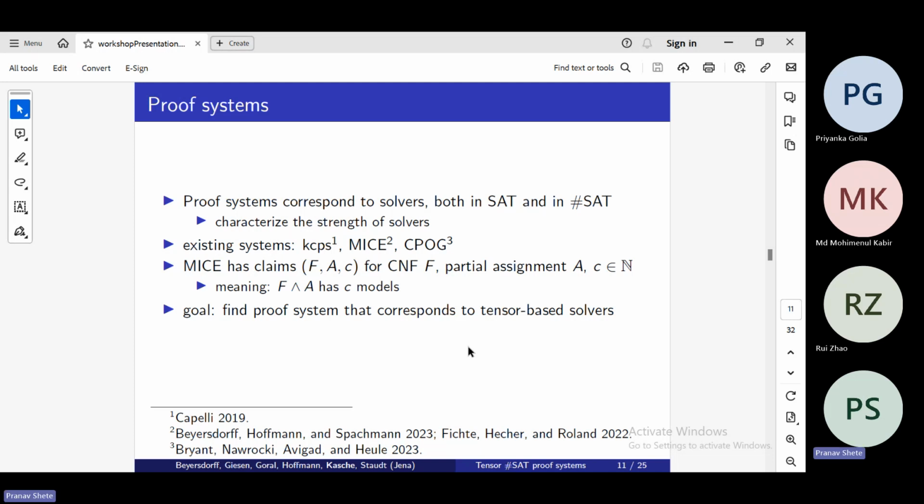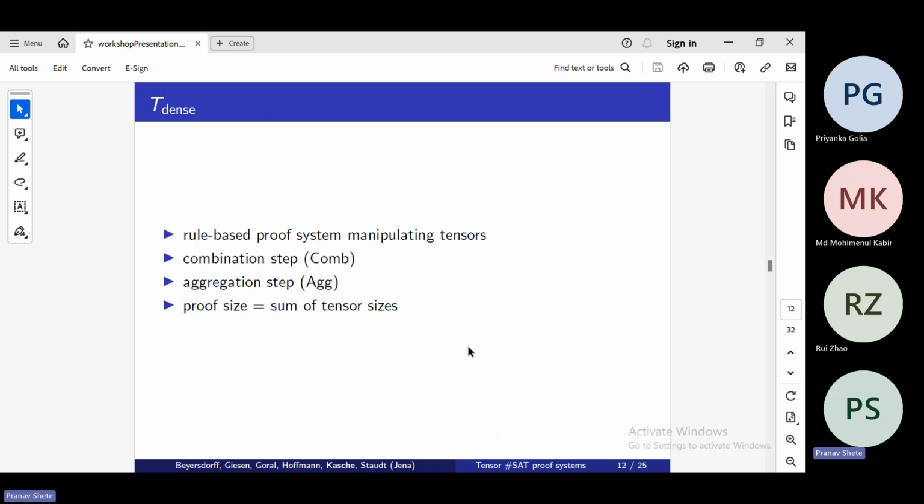So we have these 3 proof systems, but none of these really tightly correspond to our tensor solvers. So we built a proof system that does precisely that, that captures the strengths of this tensor-based solver. And it's again a rule-based proof system, and its lines are just these tensors.